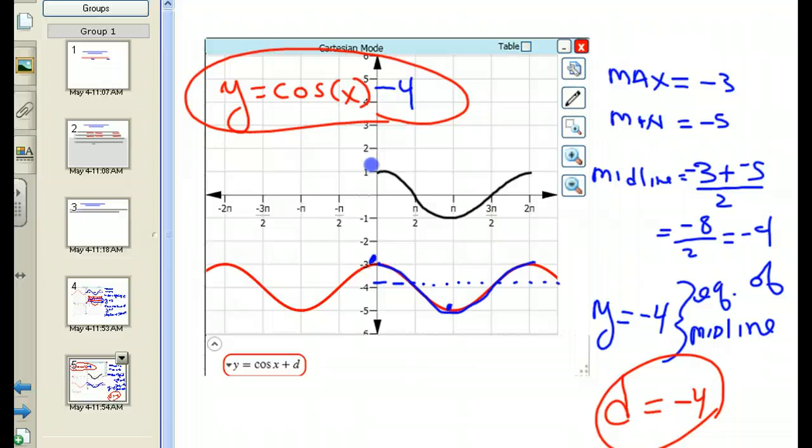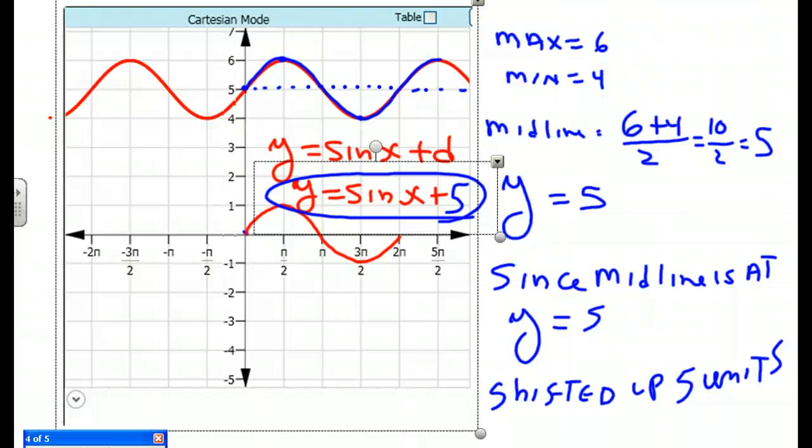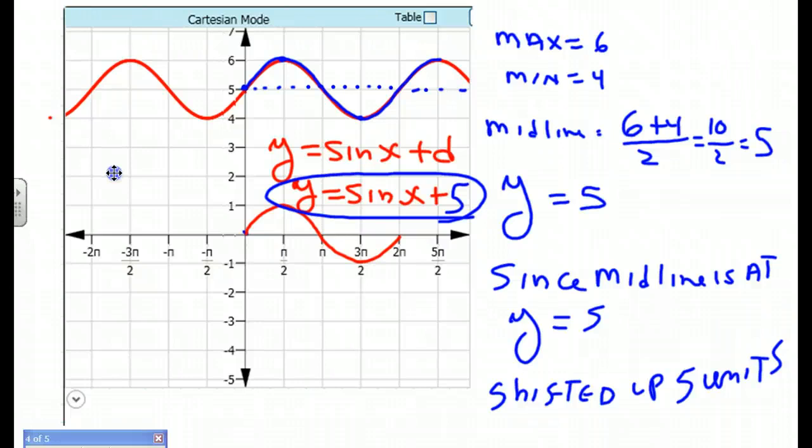If you remember in the previous one, it starts at the midline, so we knew this to be a sine curve. So 2 steps: first find the midline, then decide if it's a sine or cosine curve.